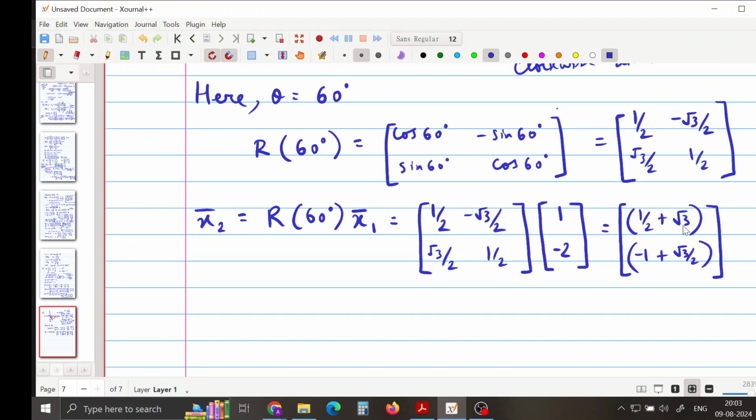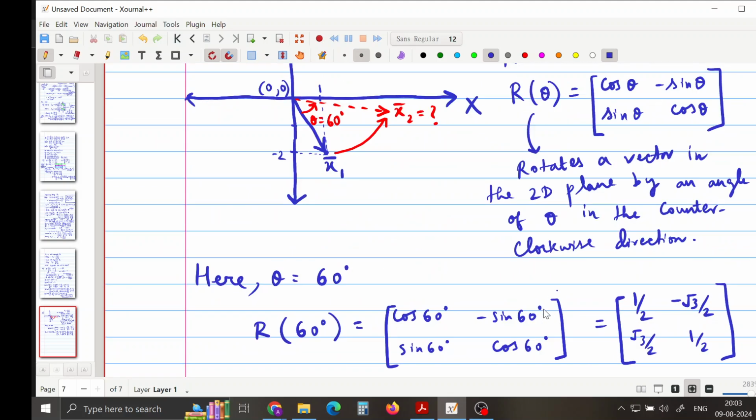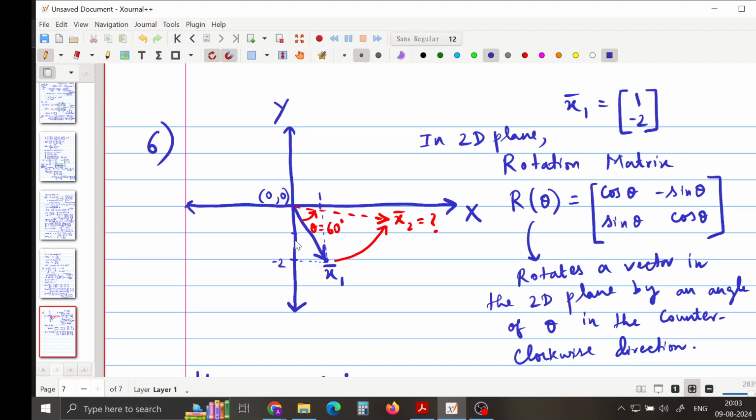So you see, root 3 is something like 1.7. So the x coordinate of this vector is half, which is 0.5, plus some 1.7, so which is around 2.2. And pictorially also it makes sense. It has moved in the positive direction of the x-axis, right? Initially its x coordinate was 1.